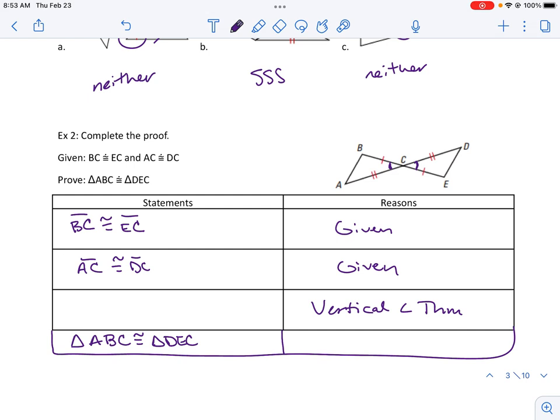So we're going to have angle ACB is congruent to angle DCE. Now looking at my picture, I can see that my angle that's congruent is in between my two congruent sides. So my two triangles are congruent due to side angle side.